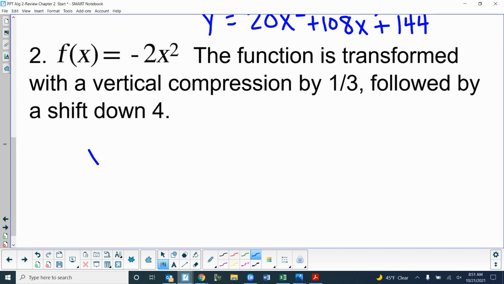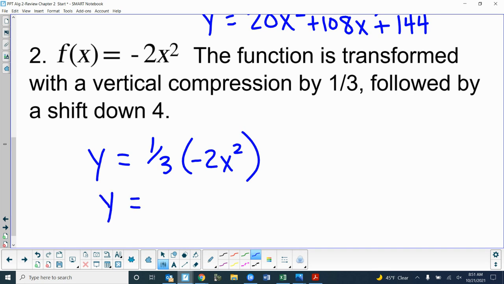So we'll just do y equals instead of g of x. We're going 1/3 times the whole thing, which was that. What's 1/3 times -2? Well, what's 1 times -2? -2. So 1/3 times -2 is -2/3.